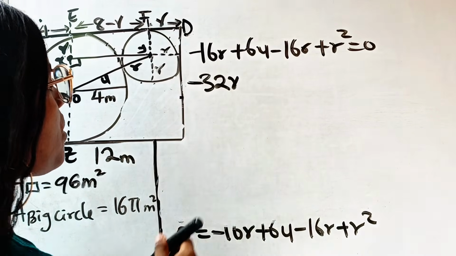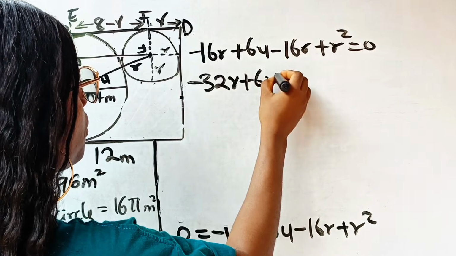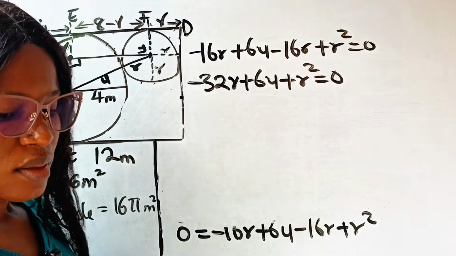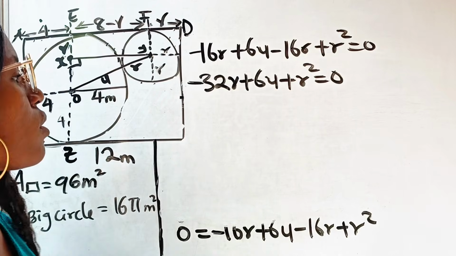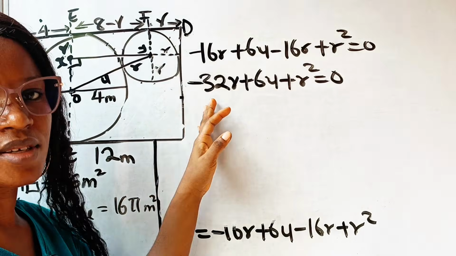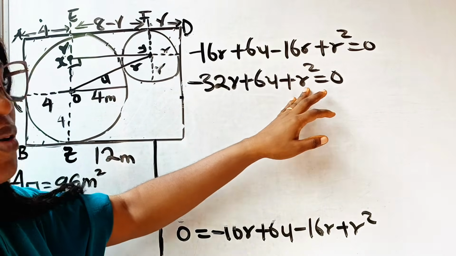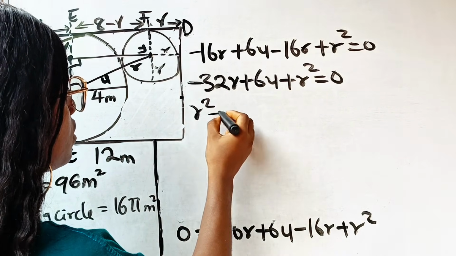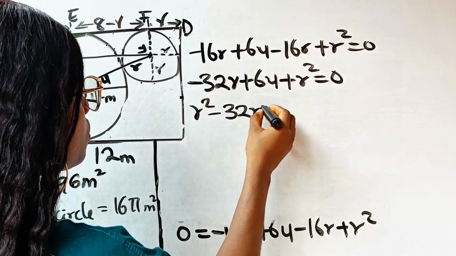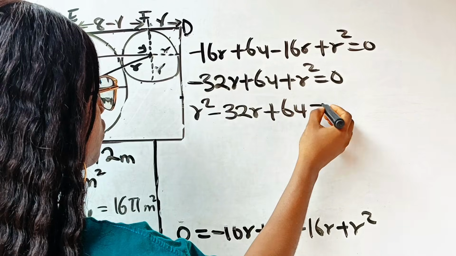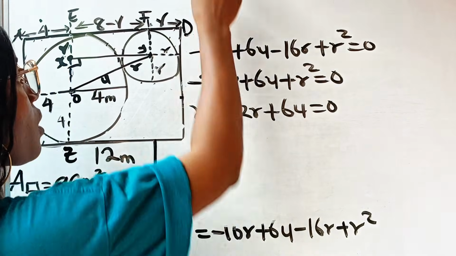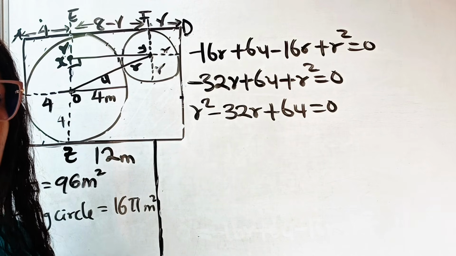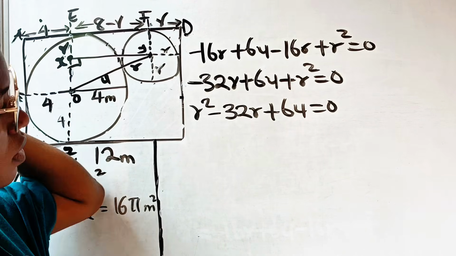So minus 32R plus 64 plus R squared equals 0. Now you can see that this is a quadratic equation. So let's arrange it very well. So we have R squared minus 32R plus 64 is equal to 0. Now solving this using the quadratic equation formula.